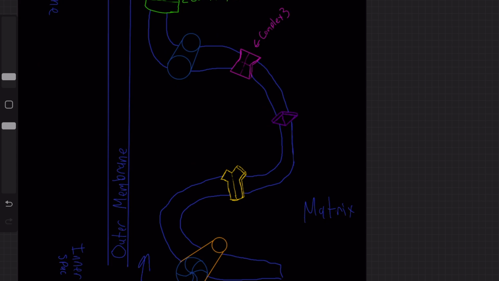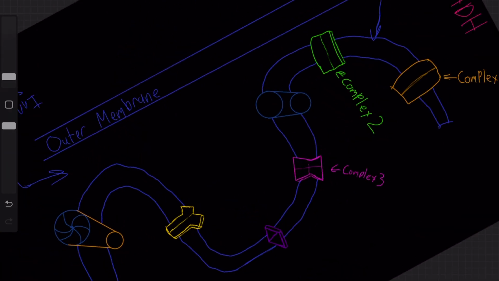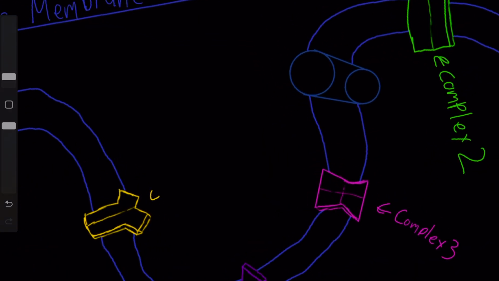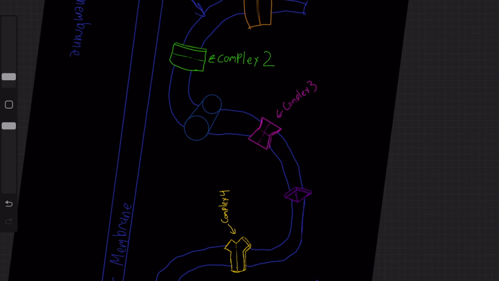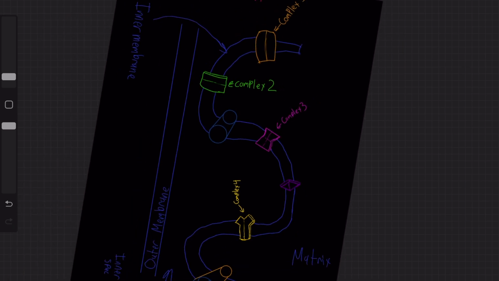And you wouldn't guess it, but you have a complex 4. I'll go over all of these in a second. So those are our complexes. These 4 complexes do not move at all.